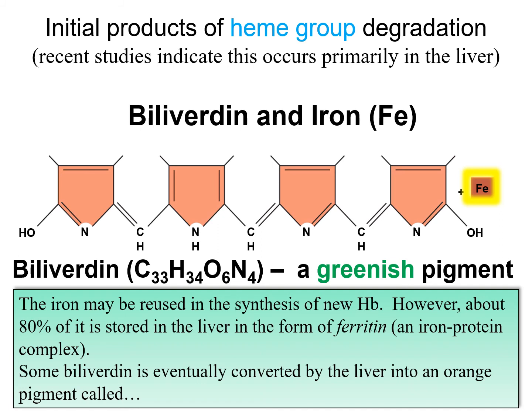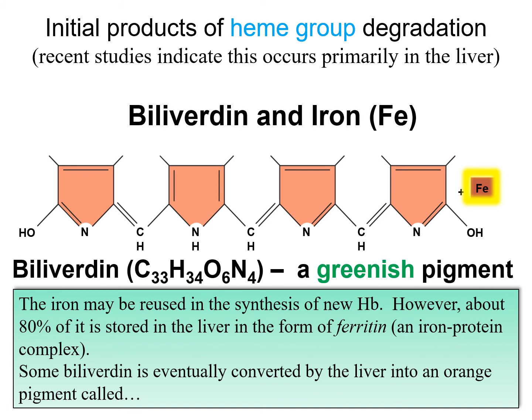That iron, notice, as I said a moment ago, can be recycled. Isn't that interesting? Or if it's not used right away to make more hemoglobin in the red bone marrow, it can be stored. Your liver can store iron. So a liver is very, very rich in iron because of its storage capability.